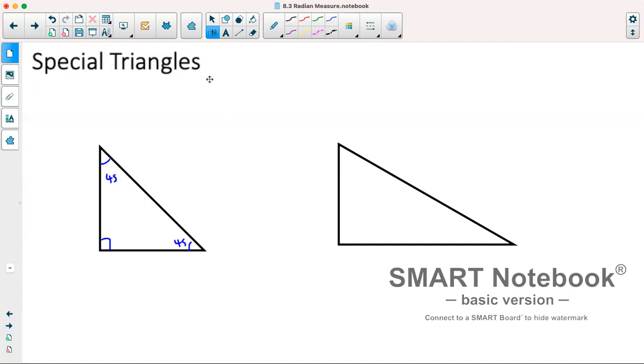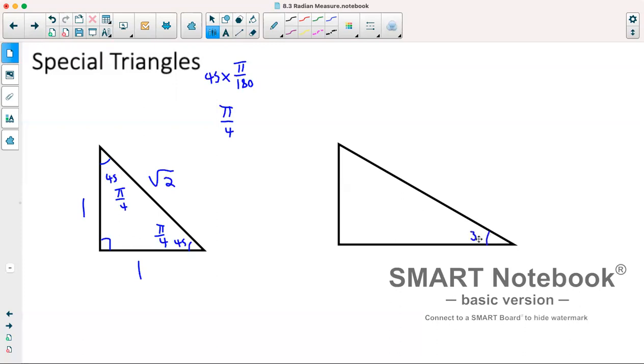So what we want to do is go 45 times pi over 180 to convert that into radians, and we'll do it as a fraction. So we won't change it to a decimal. So that gives us pi over 4. So this would be pi over 4. This is pi over 4. And just a reminder, this one's 1, 1, square root of 2.